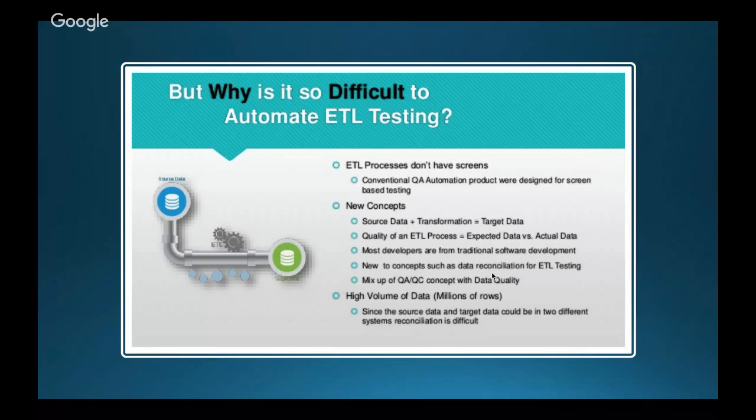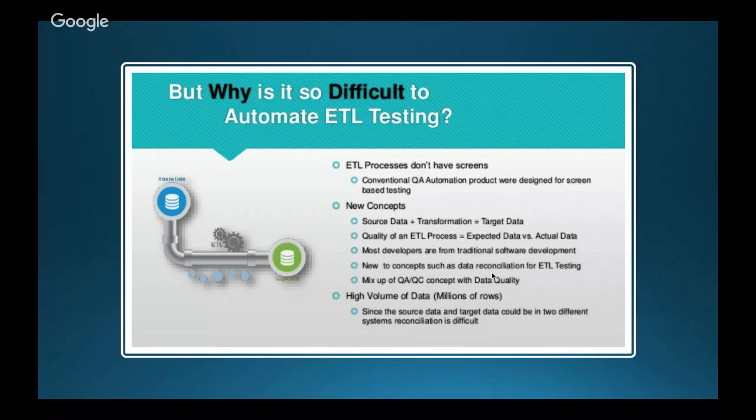The conventional QA automation products were designed for screen-based testing, and not for process-based testing. So automation testers find it a little bit hard. ETL automation is a new concept. Source data plus transformation provides you the target data. The quality of the ETL process is equal to expected data versus actual data.